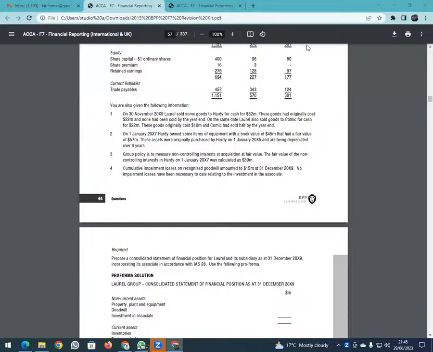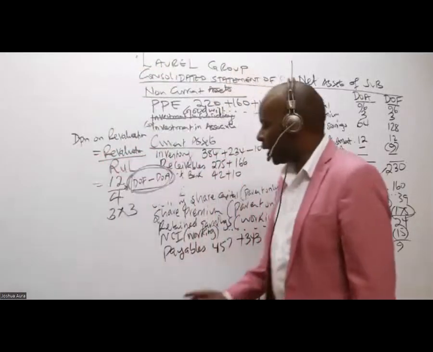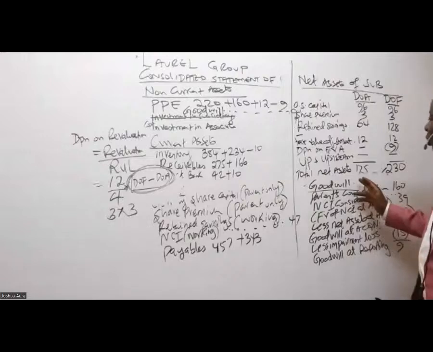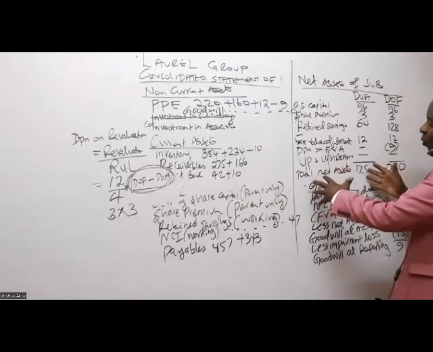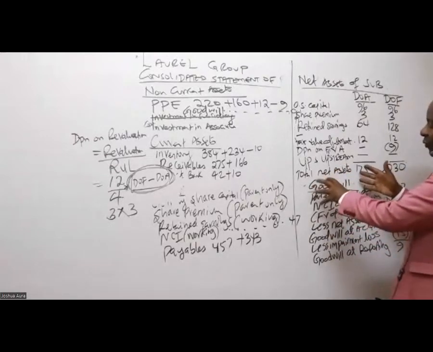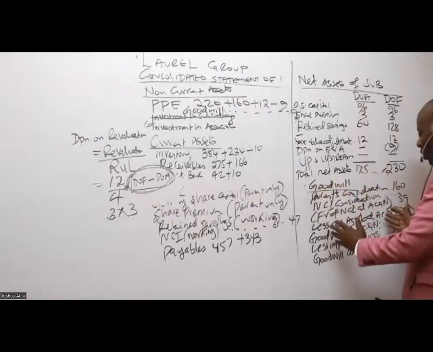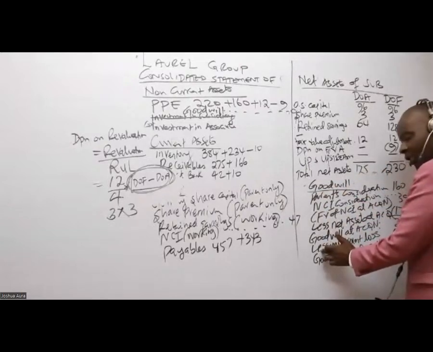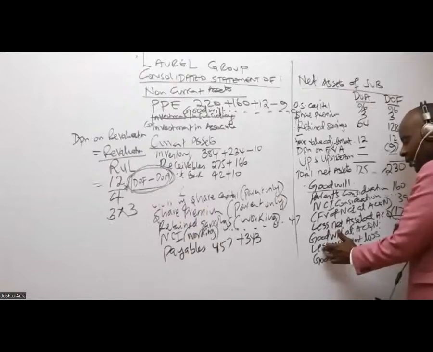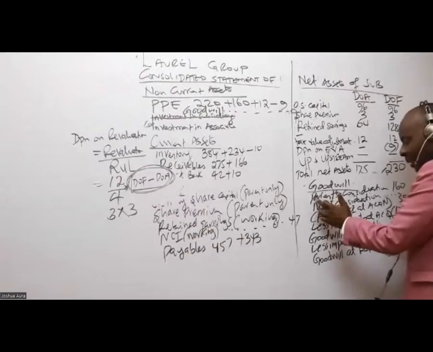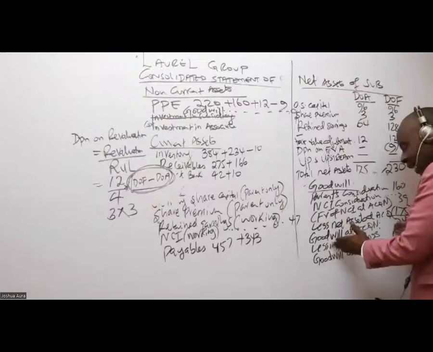Now, some students are getting confused a little bit in terms of goodwill. Remember, if you're using the full method, you can't apportion impairment loss. In the full method, you have both NCI and parent, so you're taking impairment loss at 100%.